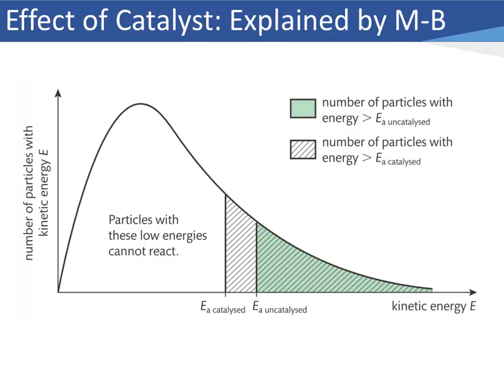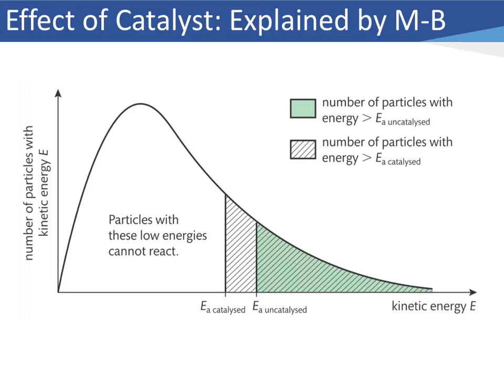In terms of the Maxwell-Boltzmann distribution curve, if this is the number of particles that have the activation energy when there is no catalyst present, the catalyzed reaction will have a lower activation energy, which means more particles will have the required activation energy.